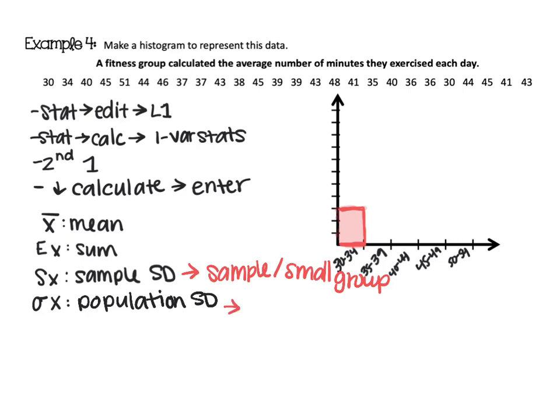Population standard deviation is when you're looking at an entire team. So you're looking at an entire cross-country team and averaging their times. You're looking at the whole population, the whole cross-country team. So you would use the population standard deviation for that. So I want you to use this data set and try to calculate the standard deviation, and decide whether you think we should use the sample or the population standard deviation.